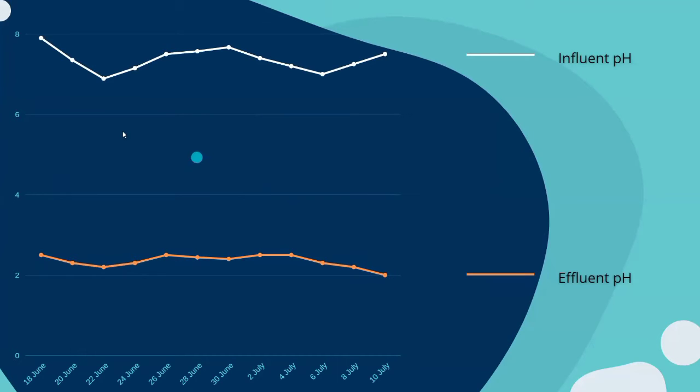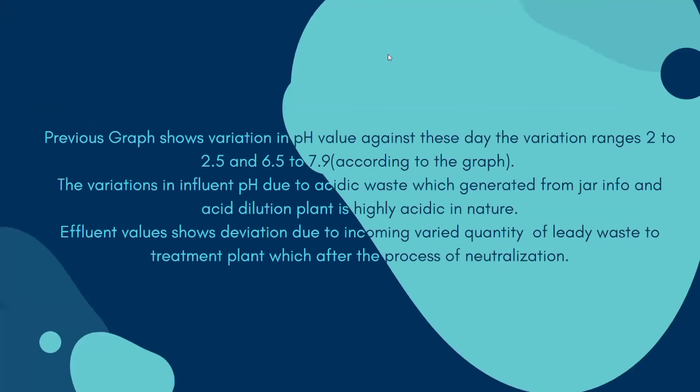The influent pH on 18th June was 7.9, 7.35 on 20th June, and 6.89, 7.15, 7.5, 7.57, 7.67, 7.4, 7.2, 7, 7.25, and lastly 7.5 on 10th July. So the previous graph shows variation in pH value against these days.